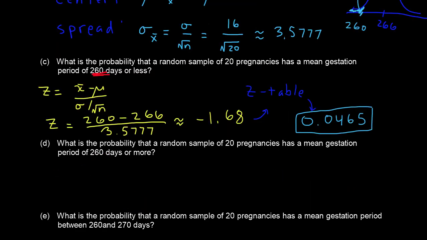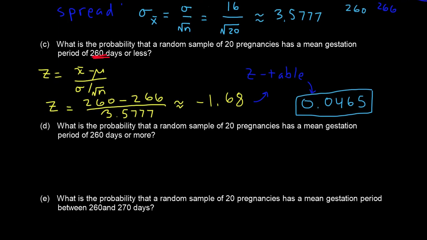Let's look at part D. In part D, we're asked to find the probability that the random sample of 20 pregnancies has a mean gestation of 260 days or more. So this sounds very similar to what we had just completed.